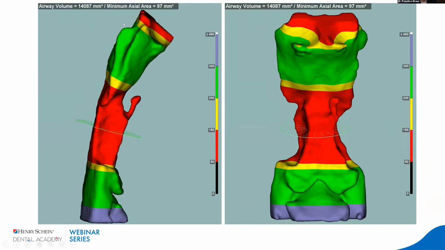The volumetric area is very difficult to quantify because it depends on where I'm going to segment or where I'm going to select the landmarks to produce this volumetric data. So the most useful information for diagnosis is the most constricted area, produced in millimeters squared.